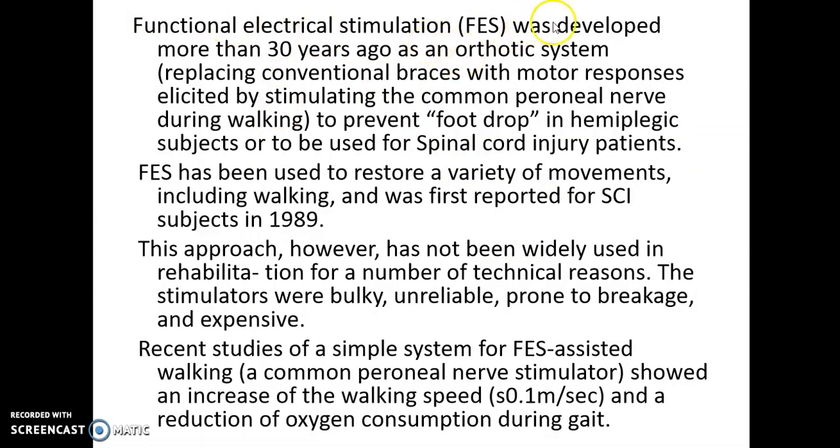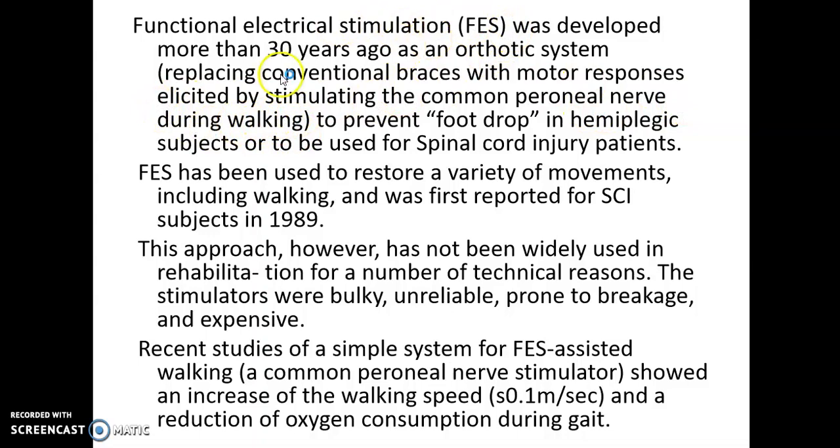So functional electrical stimulation was developed more than 30 years ago as an orthotic system, like a system where we use orthosis. FES was developed for correction or support of deformity, which is the orthotic system, replacing conventional braces with motor responses elicited by stimulating the common peroneal nerve during walking.